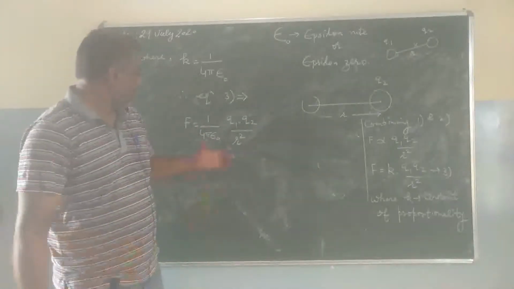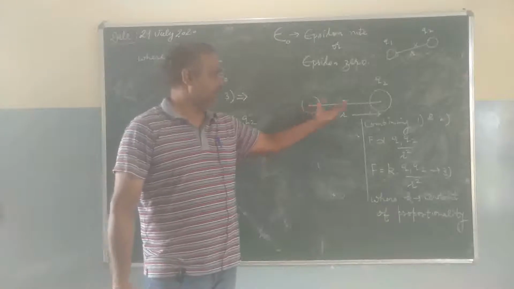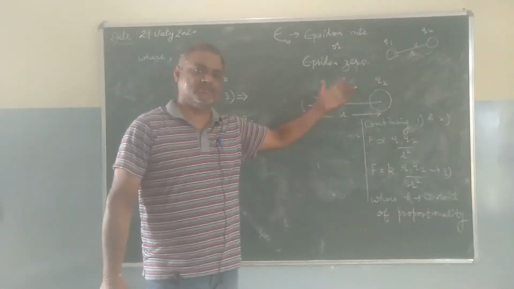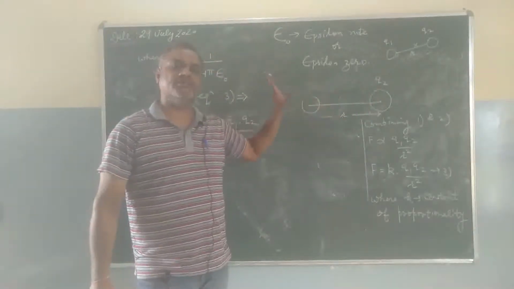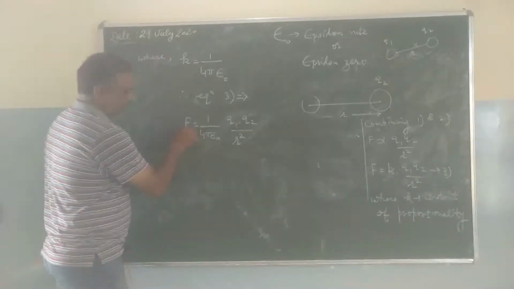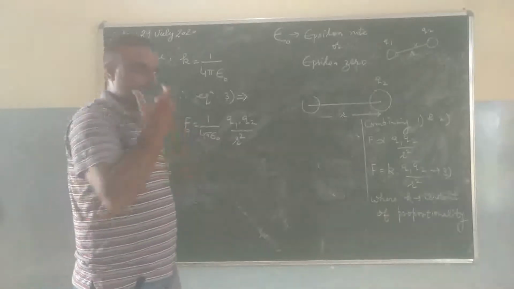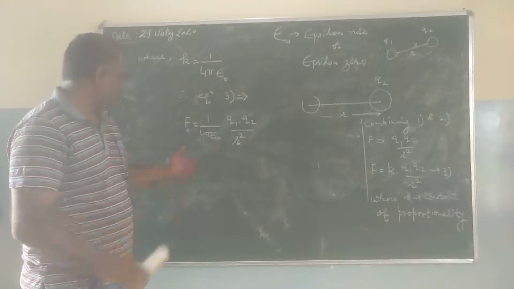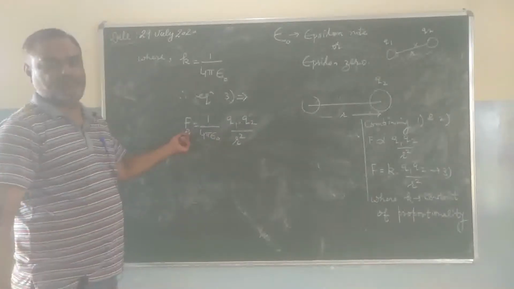See, this is the force of attraction or repulsion when there is air or vacuum between the two charges. No other material is placed between these two charges, only air or vacuum. So we can put here 0. This 0 automatically represents air or vacuum. Is it clear? 0 itself represents air or vacuum.